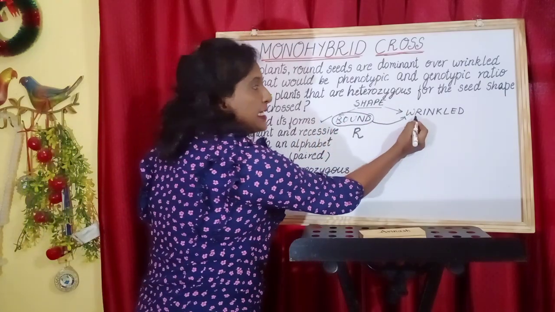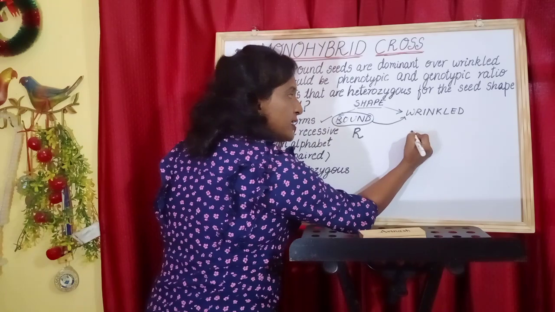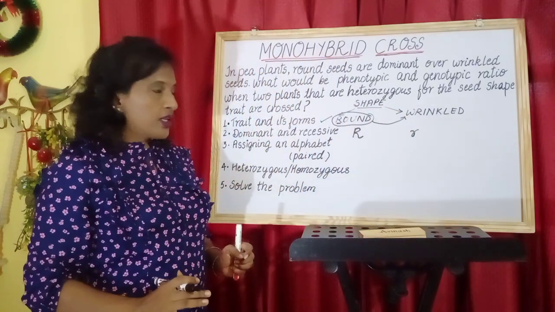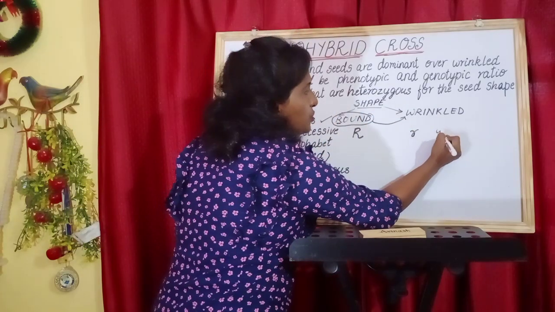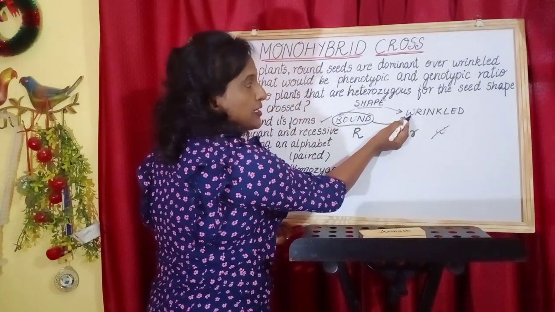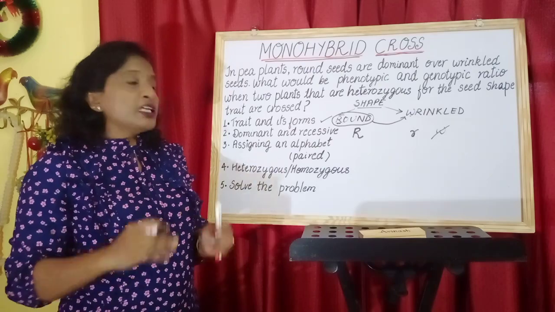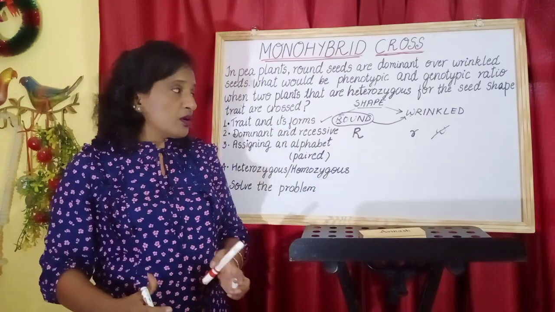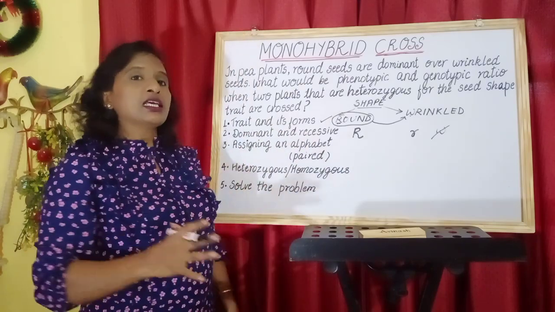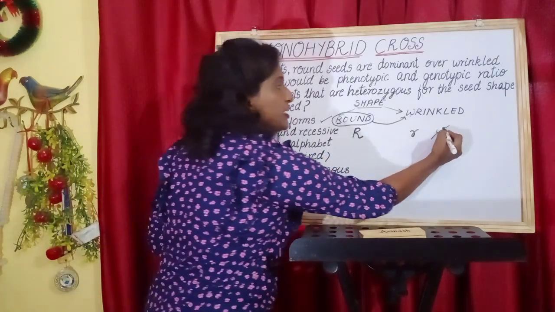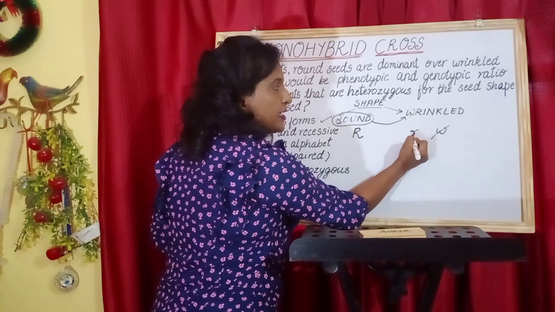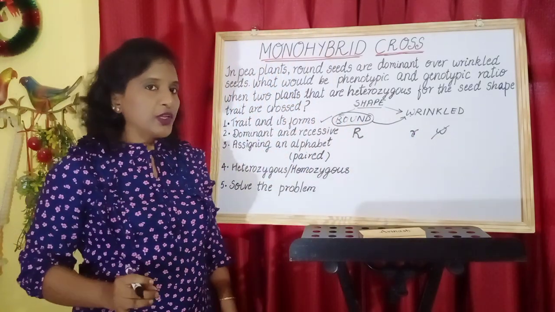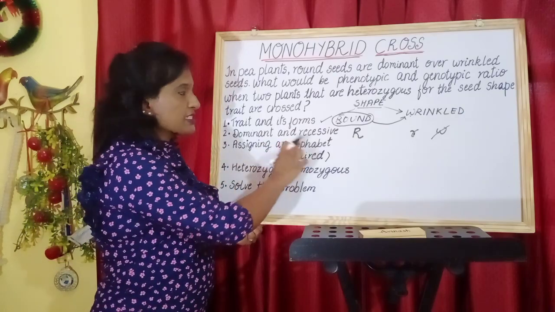Now, for wrinkled seeds, we have to take the same alphabet but in lower case. Why not use W, since the first letter is W? It will create confusion when we solve any particular problem. So, in order to avoid this confusion, we should not take W, but we will take the lower case of alphabet R.